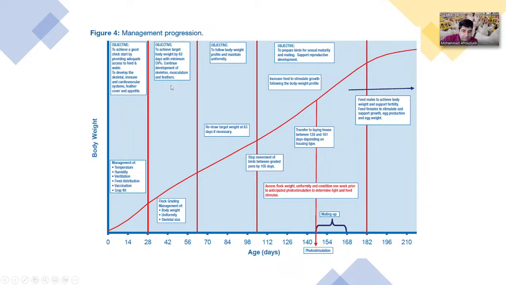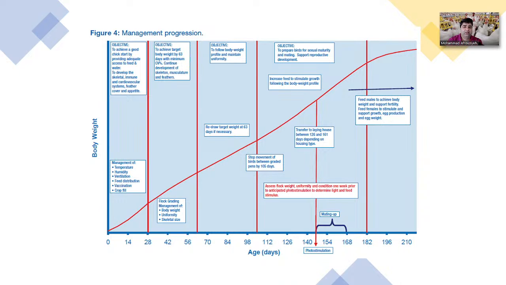So in the next phase, from 28 days of age all the way to, let's say, 60 days of age, our objective is to achieve target body weight with minimum CV, or coefficient of variation. CV is an indicator of flock uniformity.